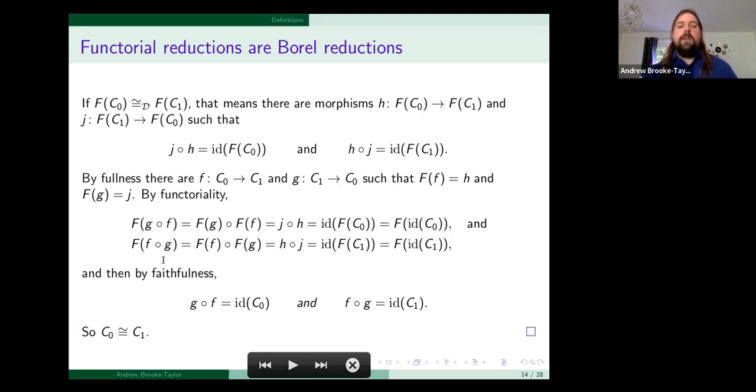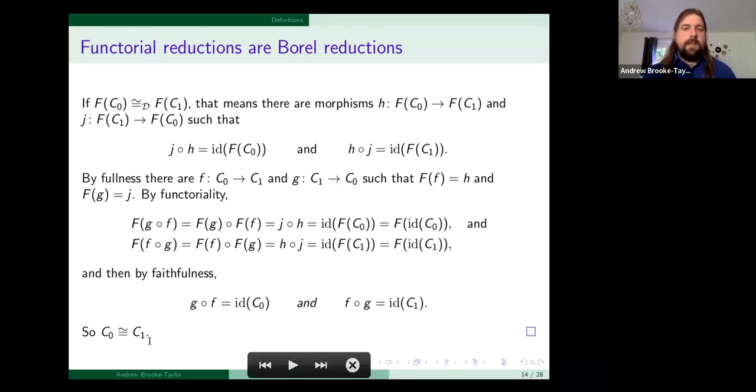And so by faithfulness, since the identity is the unique thing going to F of the identity, the composites of these things on the C side are both the identity, and so they're isomorphisms.